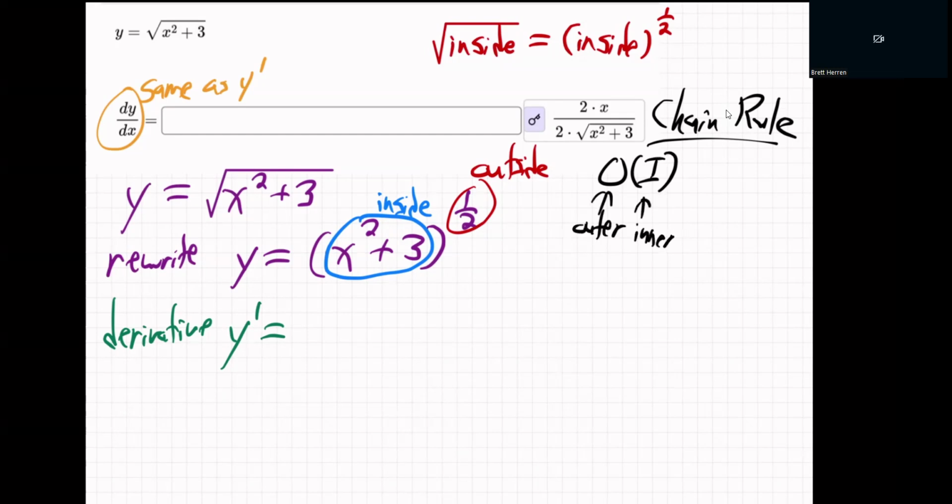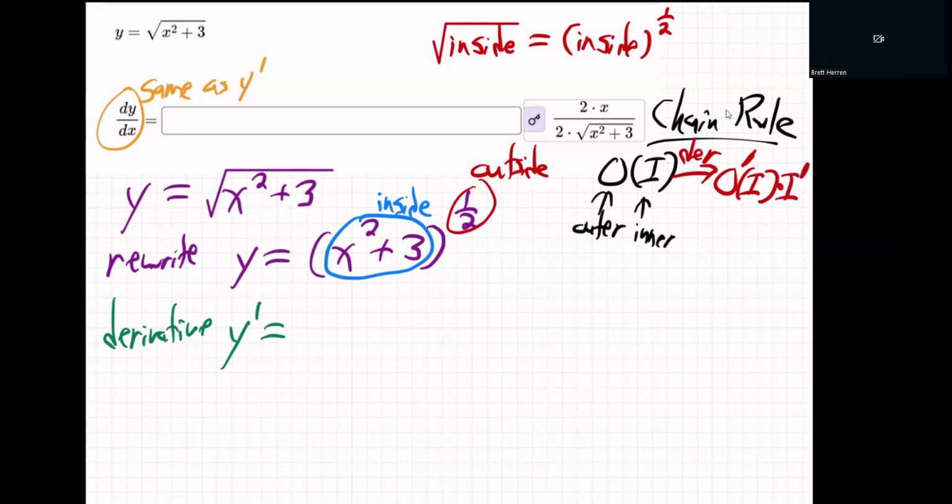See how this is on the right, but it's really the outside layer. And the derivative of it is you do the derivative of the outside layer, keep the inside unchanged, times the derivative of the inside layer.